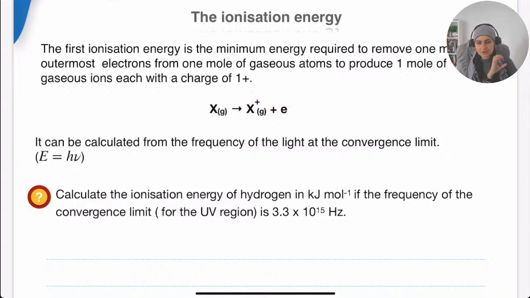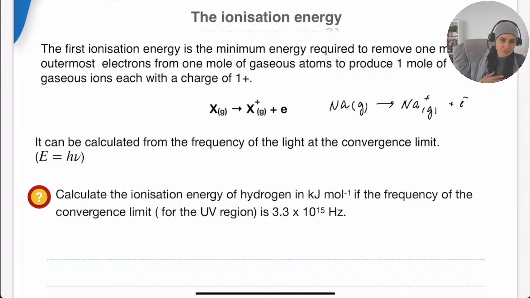And this gas is true even for a metal. So even if something would never normally exist as a gas, for example sodium, the reaction for the first ionization energy is sodium gas goes to sodium plus gas and an electron. You know it's a metal, but when you write ionization energy, that's how you should write it.